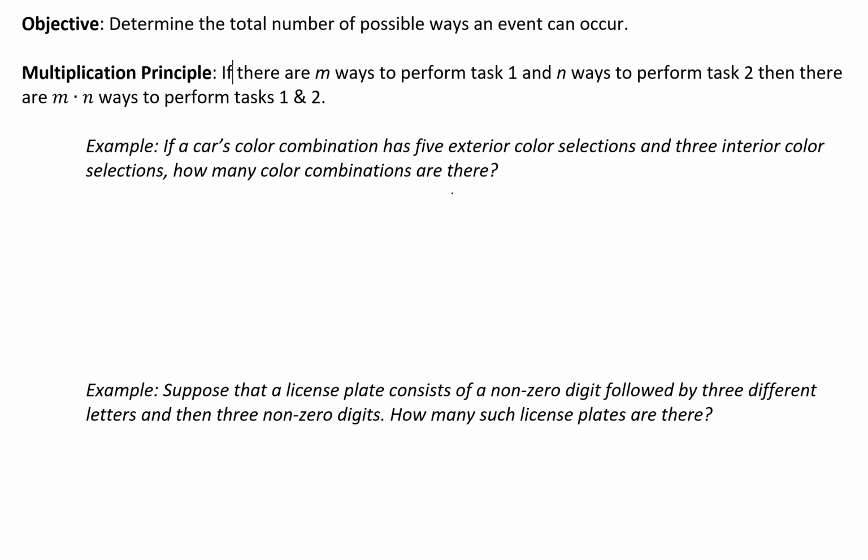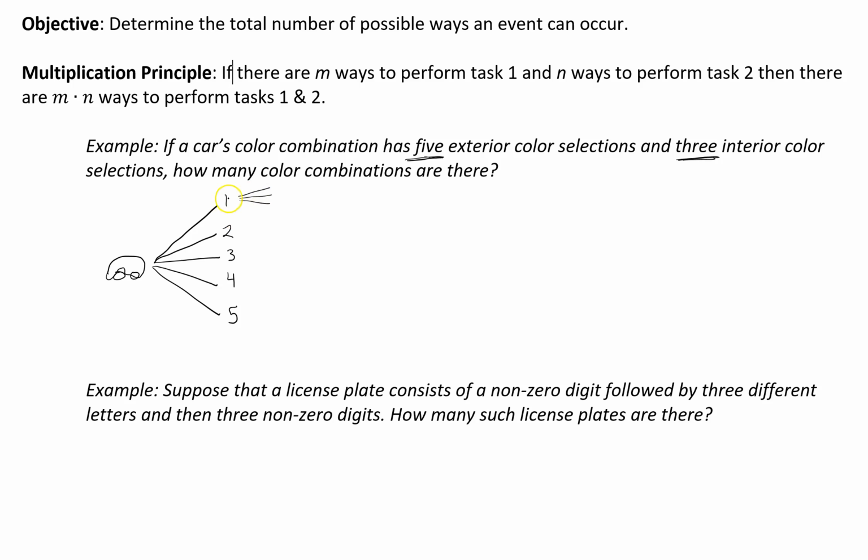In this problem, we can see that there's actually 5 exterior colors and 3 interior colors. So one way to do this problem is to visualize it and envision that there's this car, kind of this starting point. And I can pick my exterior colors, and I have 5 of them that I can pick from. And then once I've picked my exterior color, I have to pick an interior color.